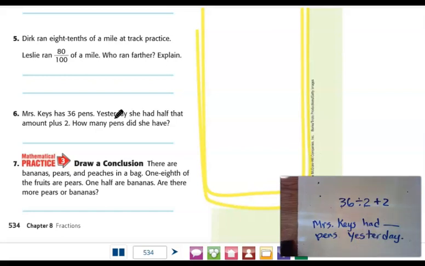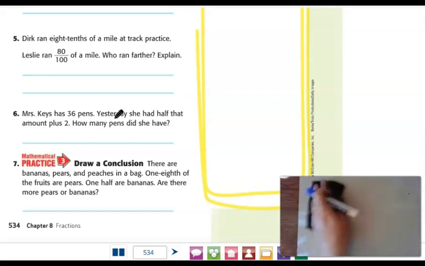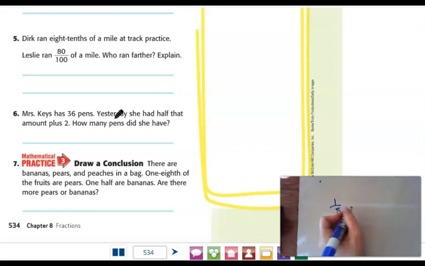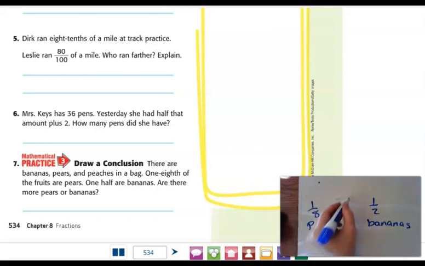There are bananas, pears, and peaches in a bag. 1/8 of the fruits are pears, 1/2 are bananas. Are there more pears or bananas? So if we've got 1/8 of pears, and we're comparing that with the bananas. Let me write that. So I have 1/8 pears compared to 1/2 bananas.